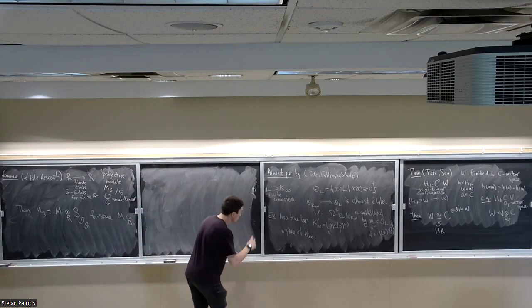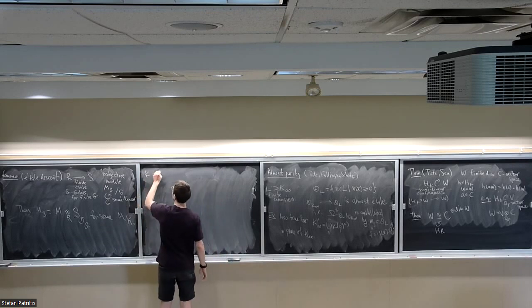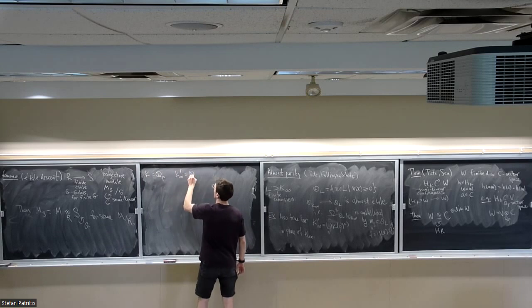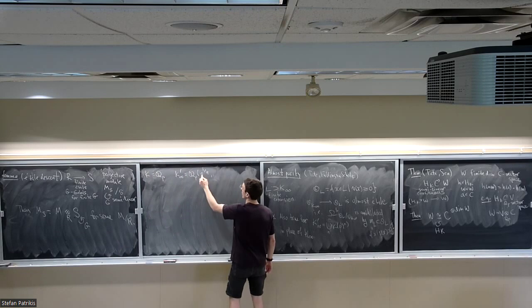Let me just, for simplicity of notation, take K to be Q_p. So now my K infinity prime is this field obtained by adjoining all chosen roots of p power order.